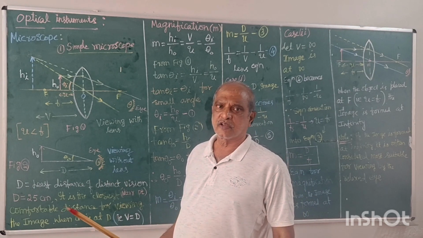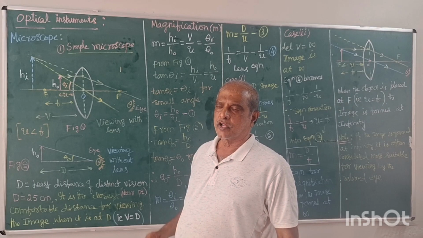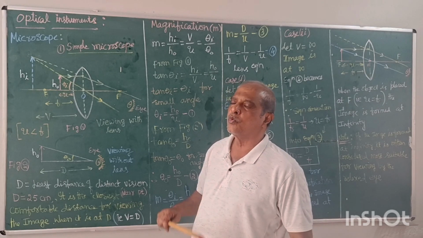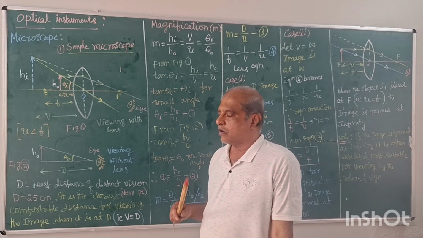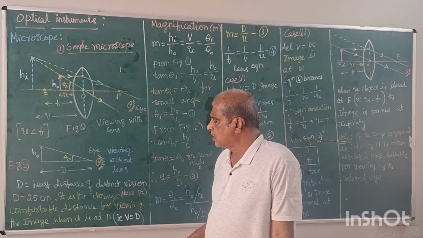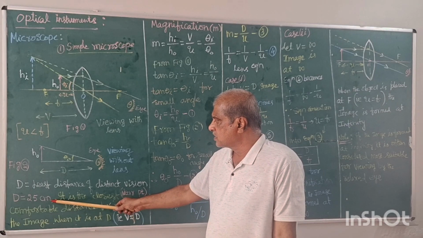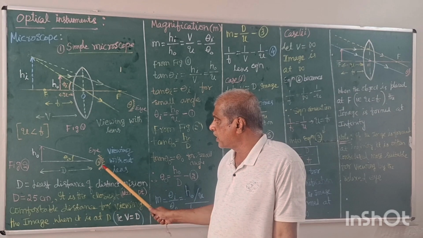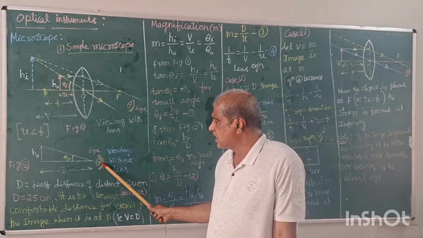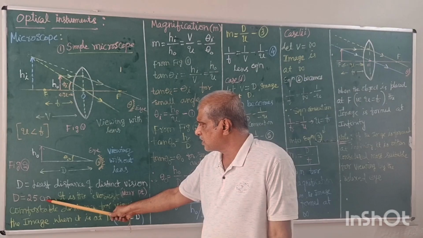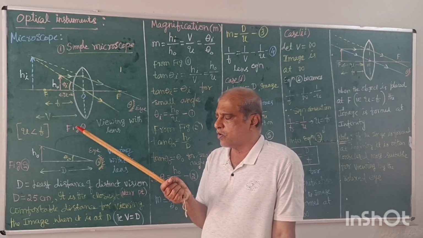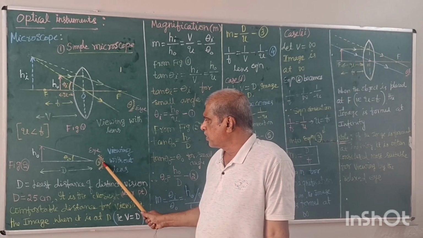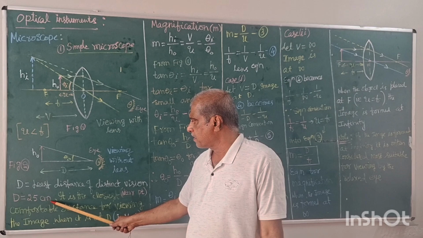It is quite natural. For a normal healthy human eye, the value is 25 centimeter. There is a small difference, but for all human eyes it is about 25 centimeter.